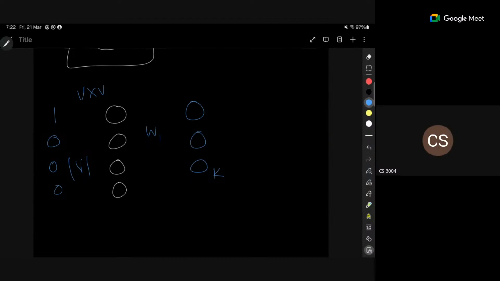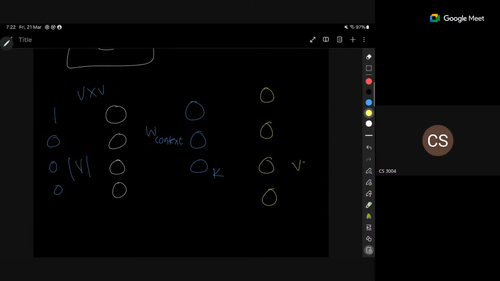So here it is W context, and then you'll have the output. That is the last layer, the output layer. Of course, it has to be the same as the words present in your vocabulary, so this can't change.